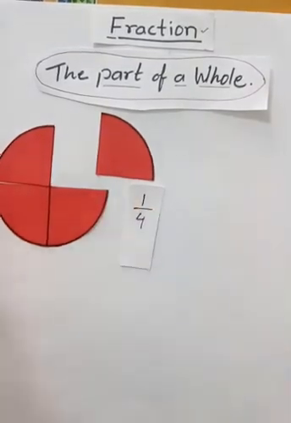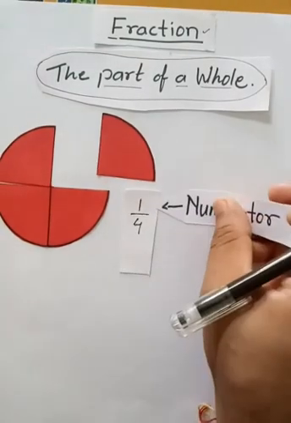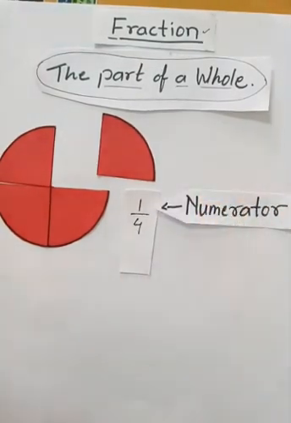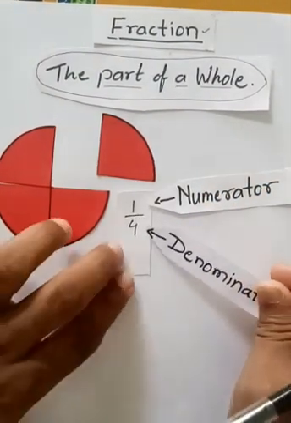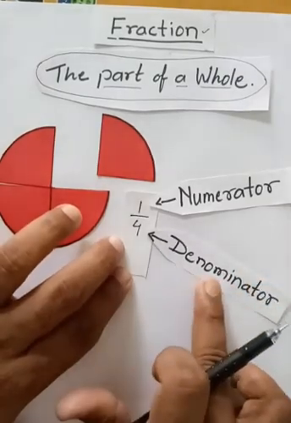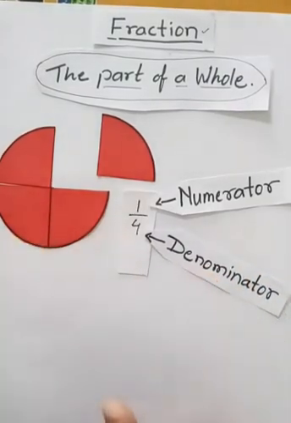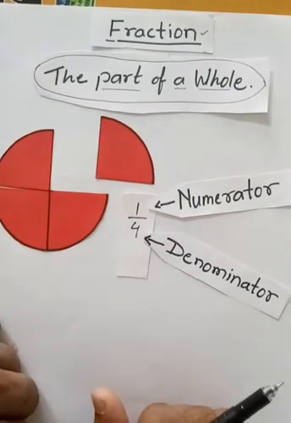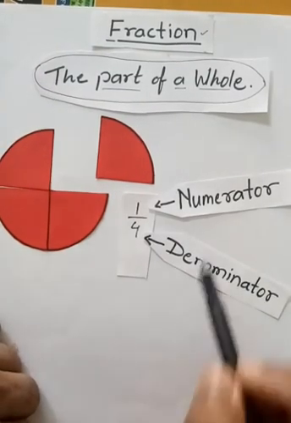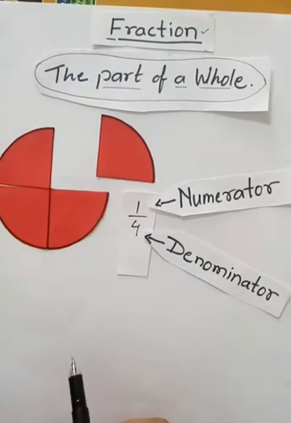The upper part is called the numerator, and the down part of this number is called the denominator. So we have numerator and denominator.